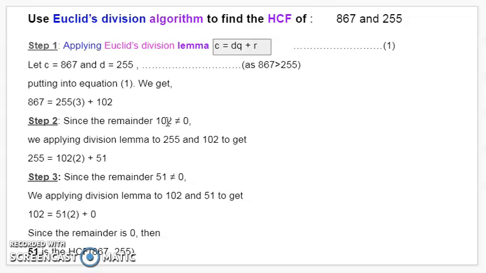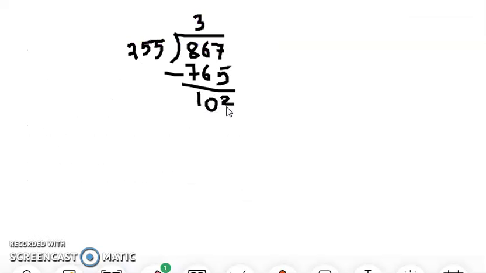Here the remainder 102 will now be our divisor, and this value 255, which was our divisor, will now be our dividend. Now we divide this value with this remainder, using the remainder as a divisor.